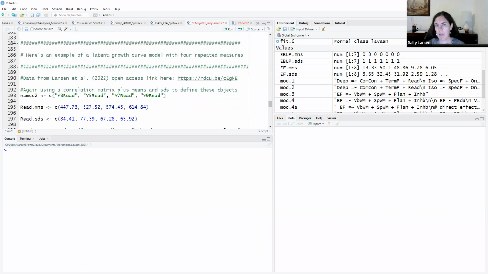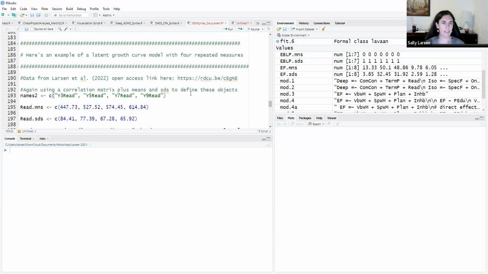So here's an example of a latent growth curve model with 4 repeated measures. One of the advantages of having more than 3 repeated measures is that you can test the functional form of the slope. You have to have at least 3 repeated measures to fit latent growth curves, but if you've got 3 repeated measures, you can only fit a linear model. And so if your growth is non-linear, then your model may not fit very well.